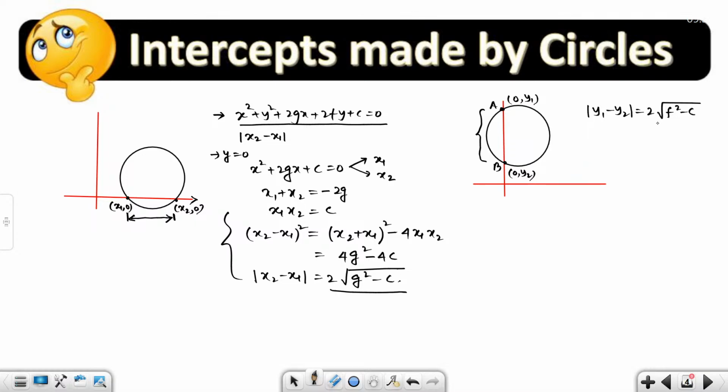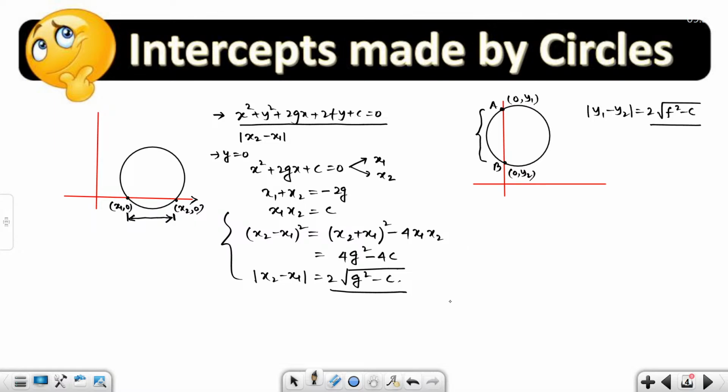As well as the intercepted portion on the y-axis is 2 root over f square minus c. At the same time, you must know the way I am solving to get this answer. Getting my point? Because in some problems, the method that I have done here will be needed. So the method, how I'm doing it, is also very important.